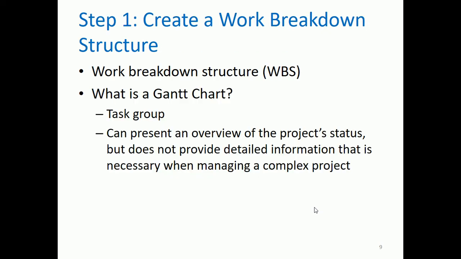So the first step, as stated in the previous slide, is to create a work breakdown structure or WBS. Included with the WBS is a Gantt chart. A Gantt chart is composed of task groups. You can group tasks depending on their similarities. It can present an overview of the project's status, but does not provide the detailed information that is necessary when managing a complex project.